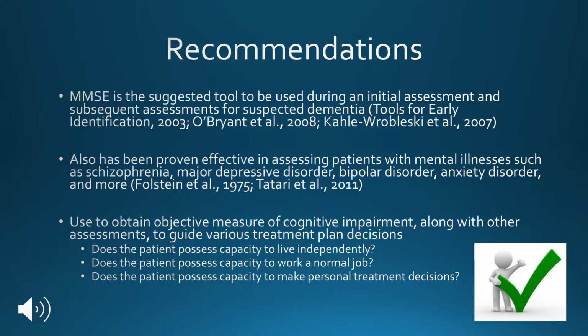Does the patient possess the capacity to make personal treatment decisions, such as taking their medication, deciding whether or not they need medication and whether or not they need to attend appointments and things like that? These are all treatment plan decisions that the MMSE helps the provider decide.